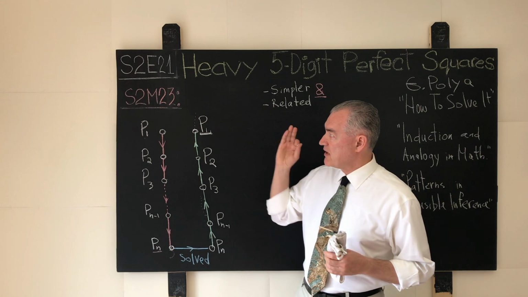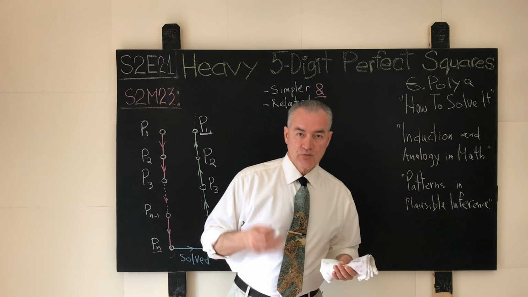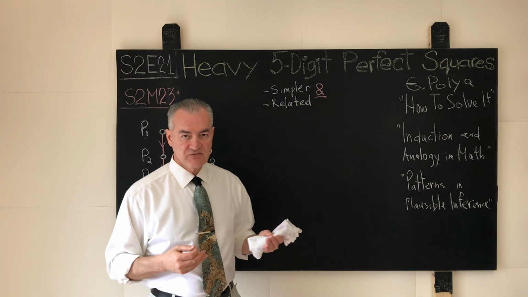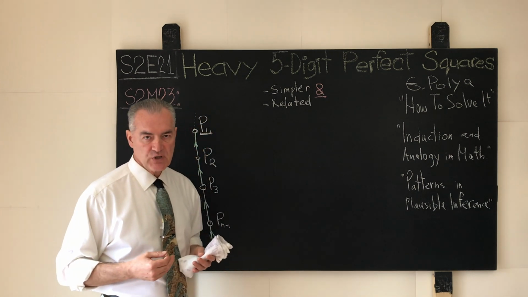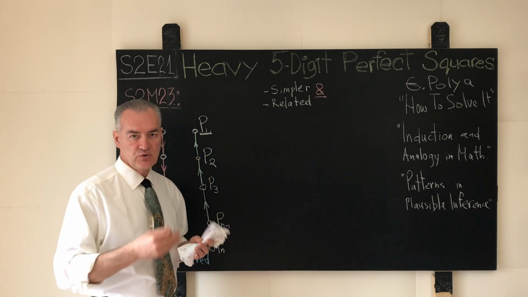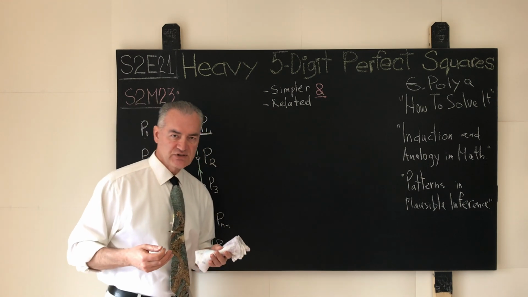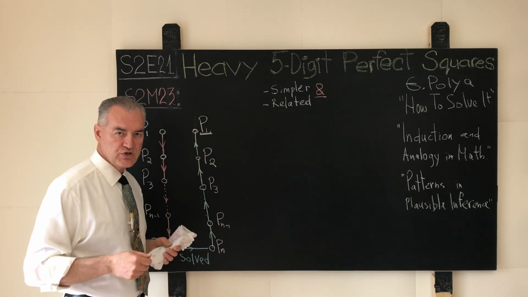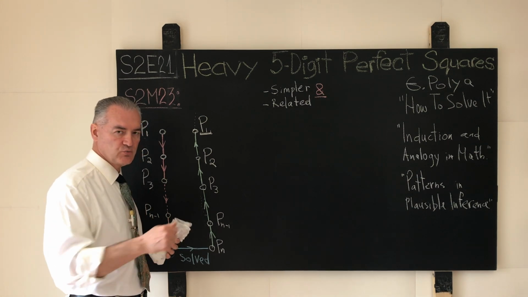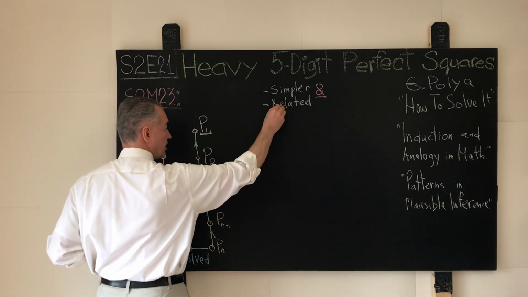So in the mathematical problem S2E23, we're given 5-digit perfect squares, and we're asked to investigate or explain how many such perfect squares have the property that if one is added to each and every digit of that perfect square, yet another perfect square results. So which levers do we pull, which knobs do we turn and twist, and which buttons do we push in order to come up with precisely this simpler and related problem?